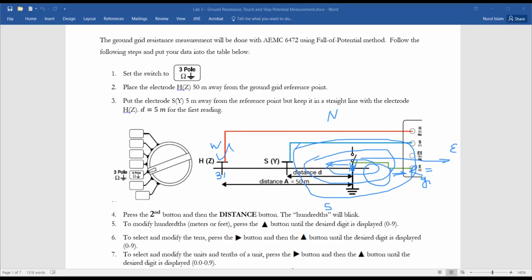That point could be on the north side, east side, south side, everywhere, you can find it. So not necessarily do you have to move the voltage measurement electrode Y toward the current injecting auxiliary electrode. You could go in any direction. The main thing is you have to find the flat area.